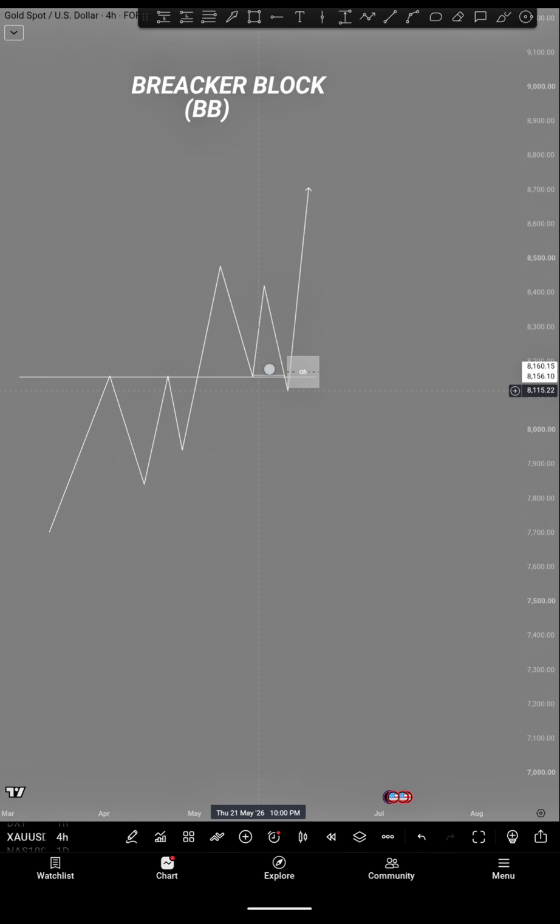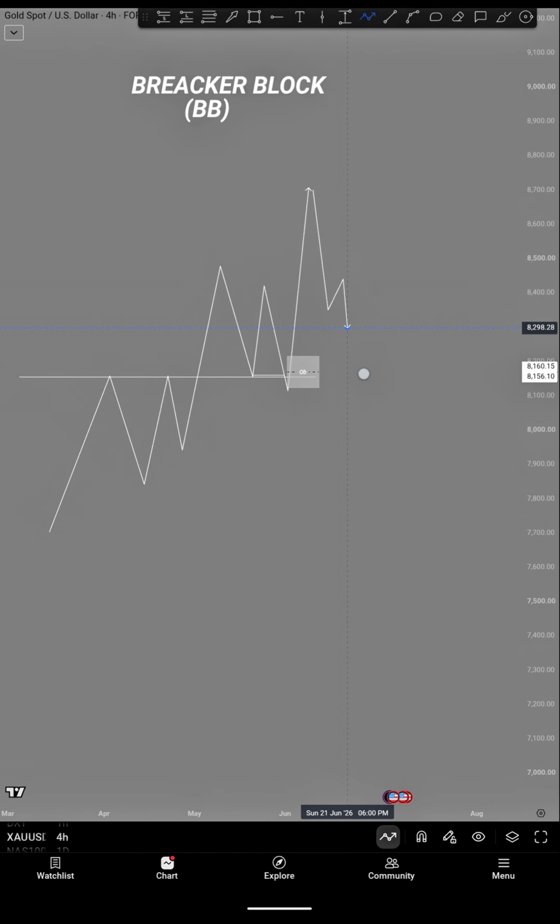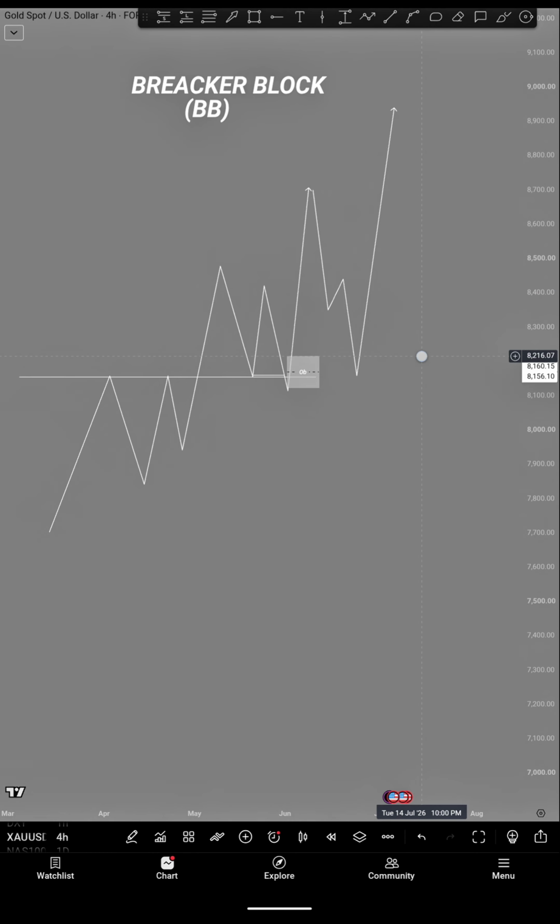So if this is a sweep of liquidity and one is a kind of strong low that pushed price to the upside, after price has gone to where it wants to go, ideally we want to see how price will come back to this area, then push to the upside and go for continuation. So this is a bullish order block for price to come back and respect and continue going to the upside.